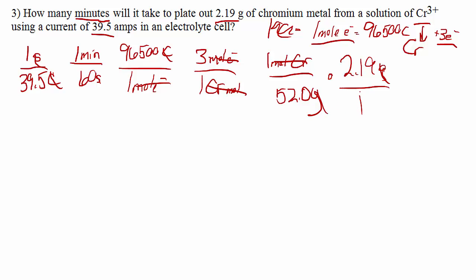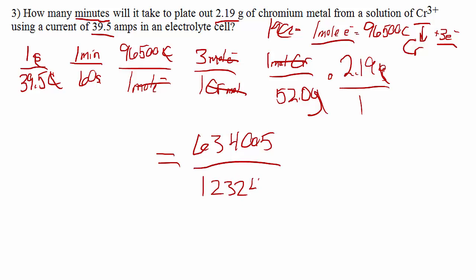So now the only thing I'm left with is minutes. Especially if you have a stupid calculator, I would highly recommend you do the top together, and you get 634005. Then do your bottom number, and you get 123240. Then you do the math, and you get 5.14 minutes.